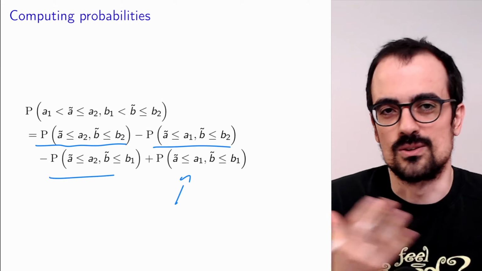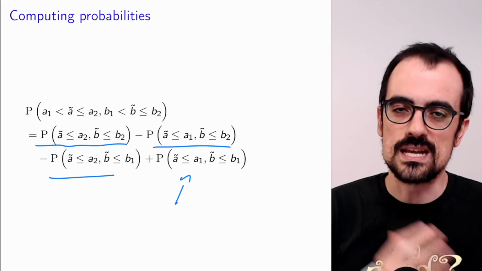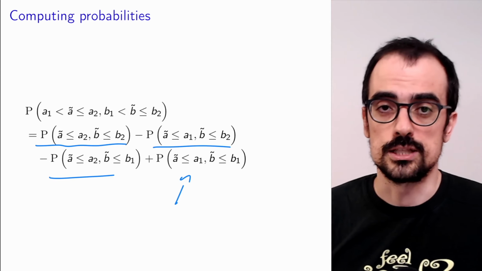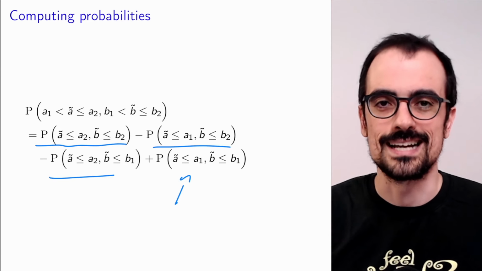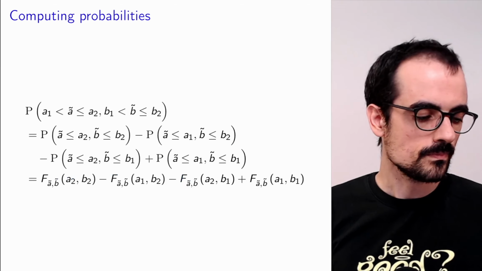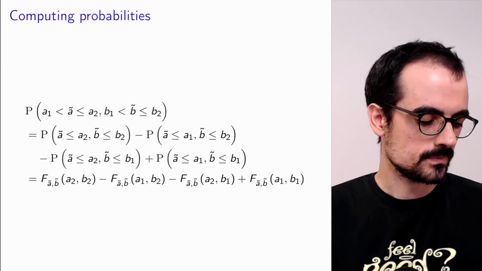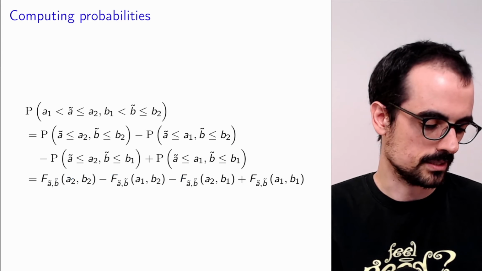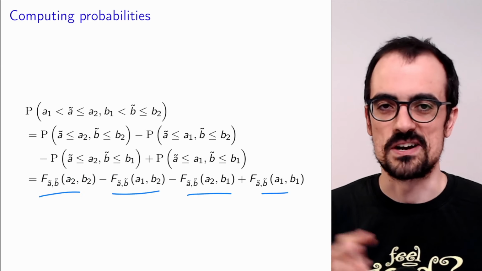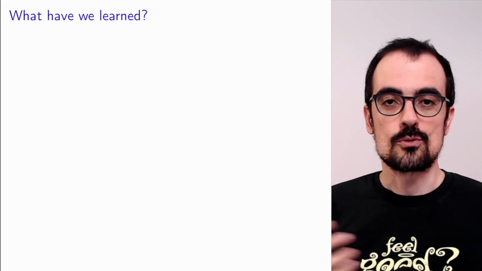It's too complicated. It's a pain. We never do this. Instead, when we have continuous random variables, we just use the joint probability density that we will define and describe in a following video. Obviously these probabilities, we can express them all in terms of the joint CDF. Again, very complicated.